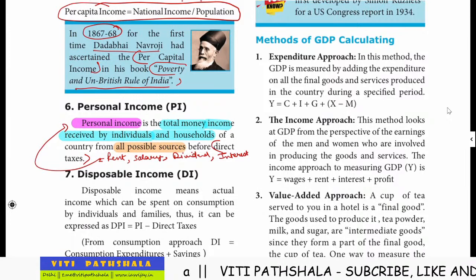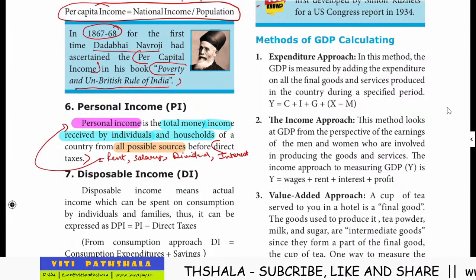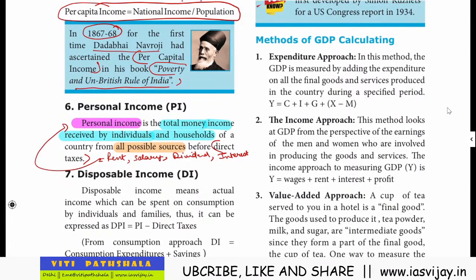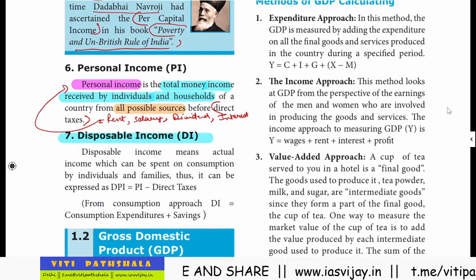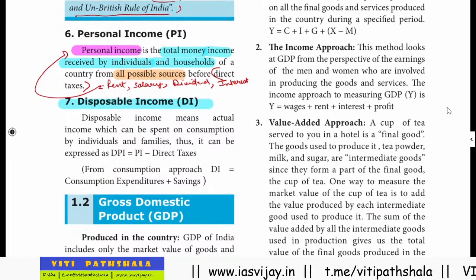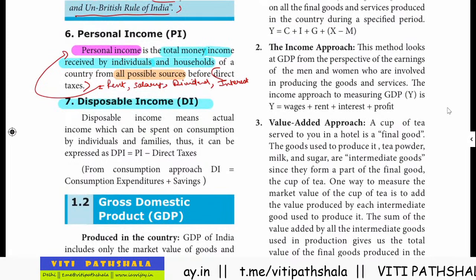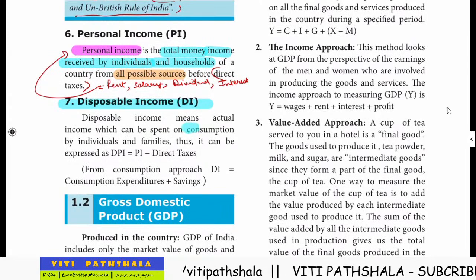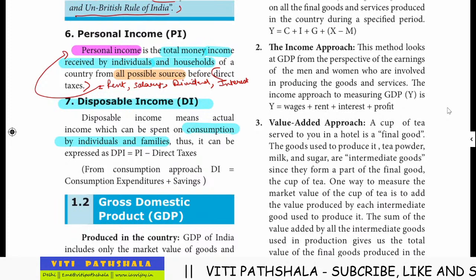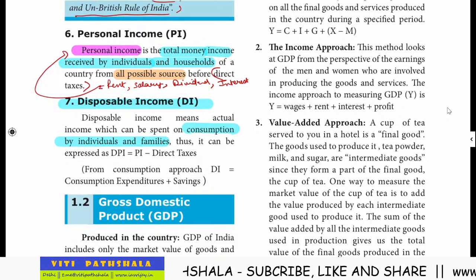Now next comes disposable income. What does this mean? This means the actual income which can be spent on the consumption of the individuals and the family. So what is disposable income?